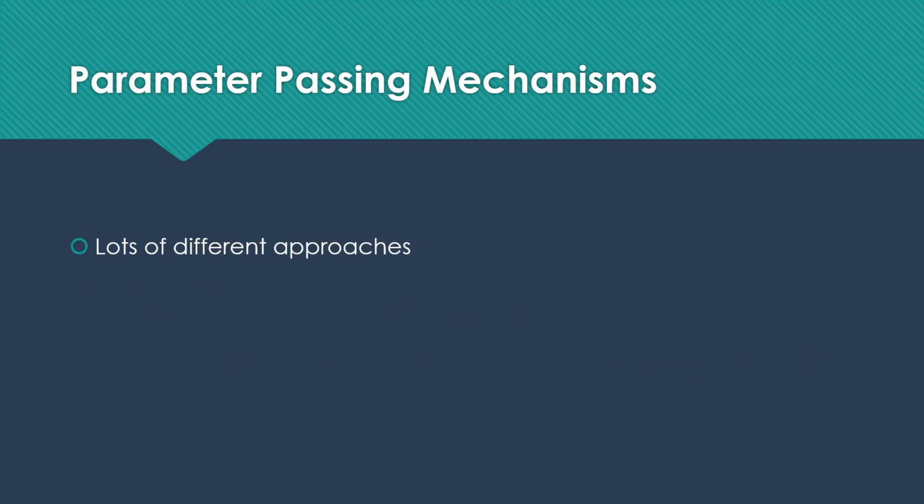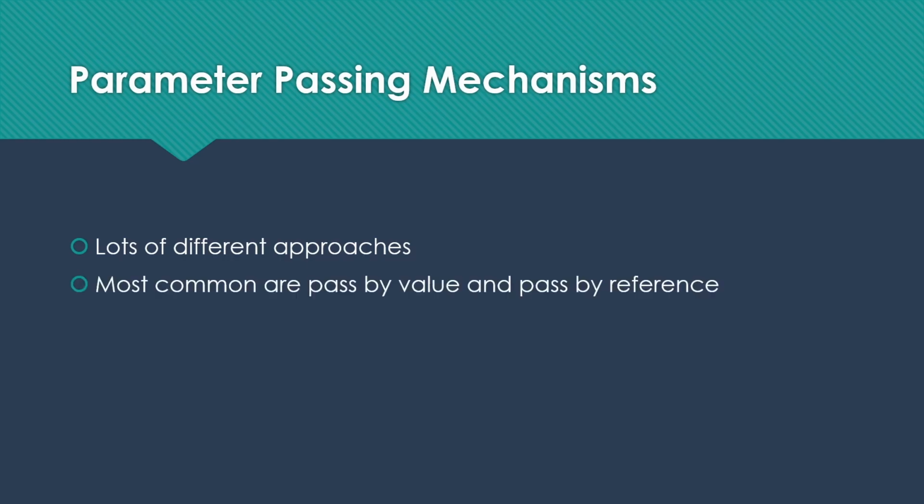When we talk about all these different approaches, there are a couple that you're probably already familiar with. So you probably know about pass by value, where we simply copy a value into the called function from the calling function, work with that copy, and nothing changes back in the original.